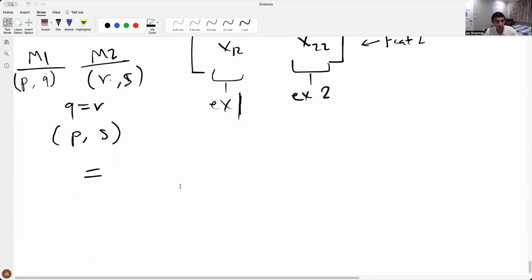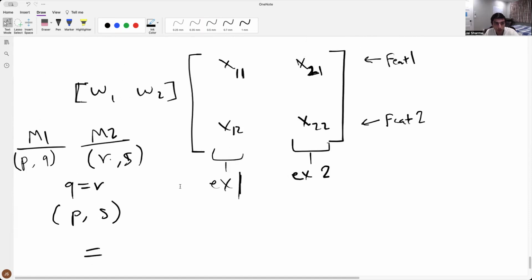Now, we have this right here, which is a 1 by 2 matrix, and then this is 2 by 2.